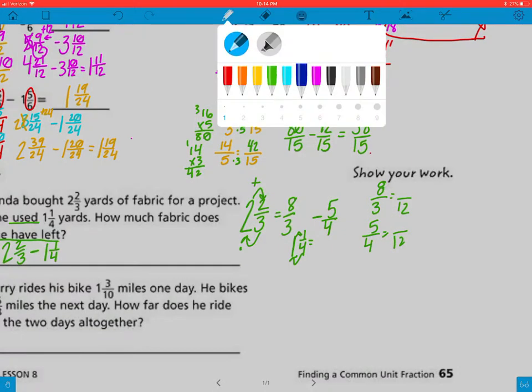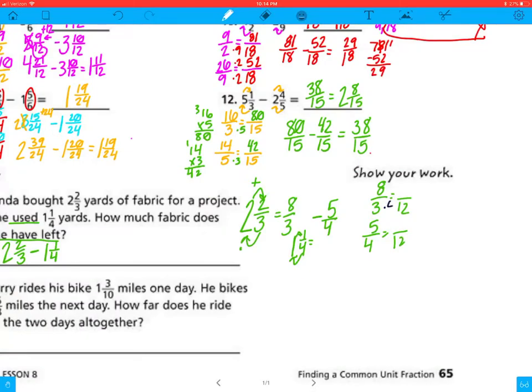I multiply the 3 by 4 to get 12, so I do the same to the top. 8 multiplied by 4 is 32. I multiply the 4 by 3, I do the same thing to the 5, and I get 15. So 32/12 minus 15/12 is equal to 17/12. And I could leave it as 17/12 yards, or I can go in and say 1 5/12 yard.